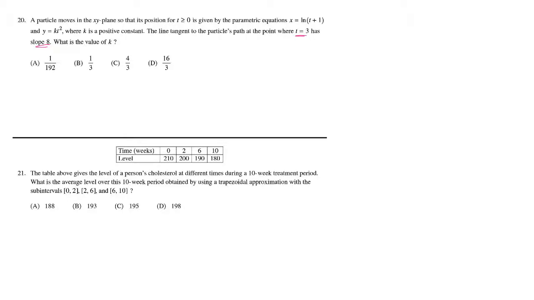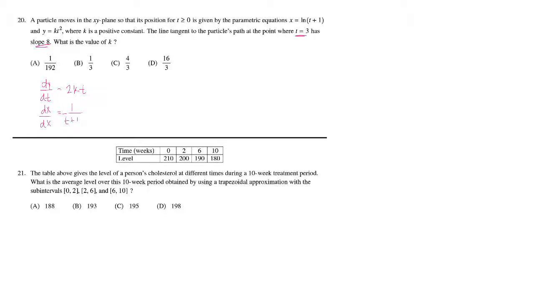So first thing we need to do, let's find dy/dt. So dy/dt, that's going to be 2kt. And then let's find dx/dt. That's going to be stuff prime over stuff. So stuff prime should be 1, and the stuff is t plus 1.